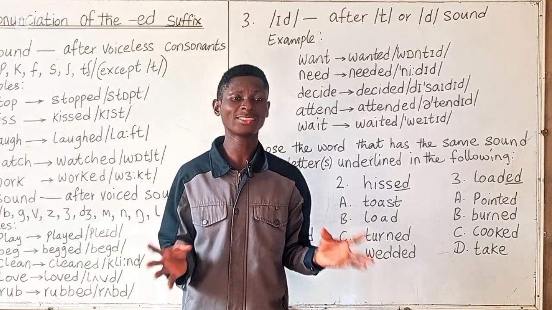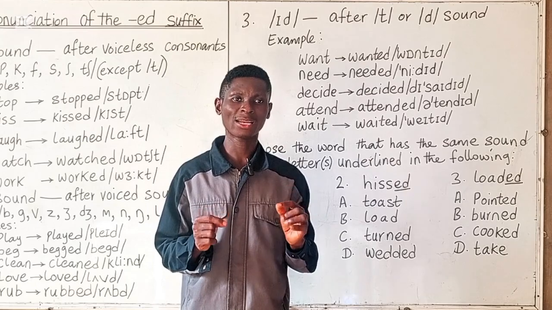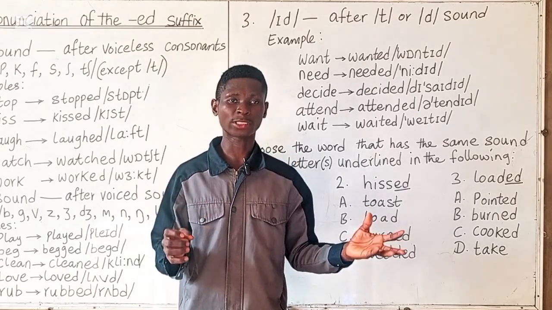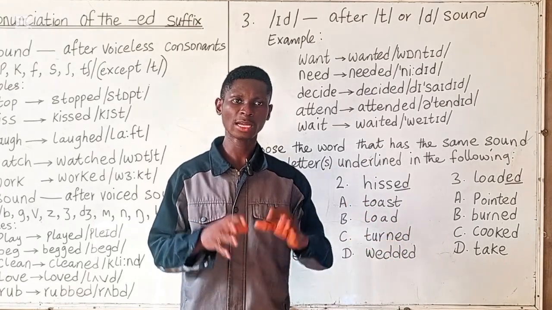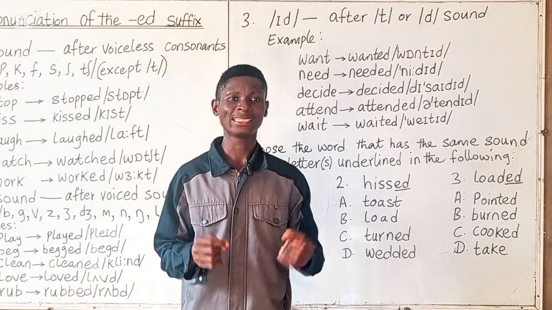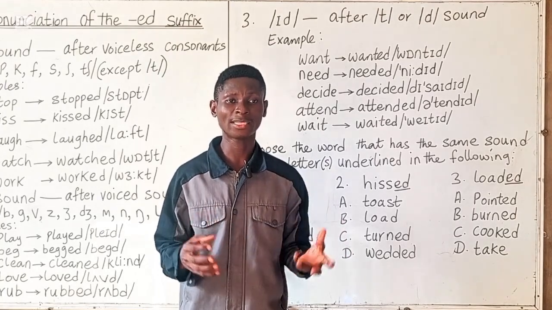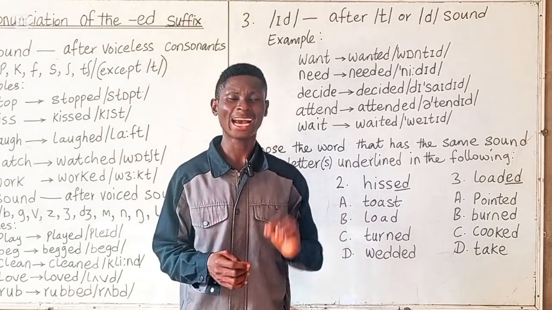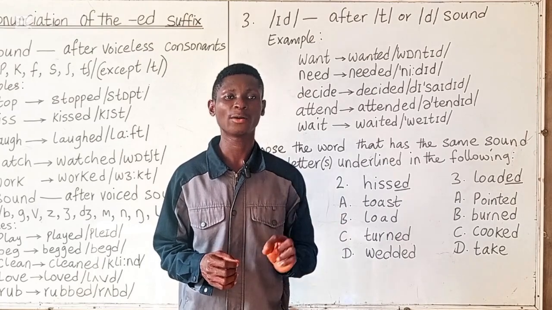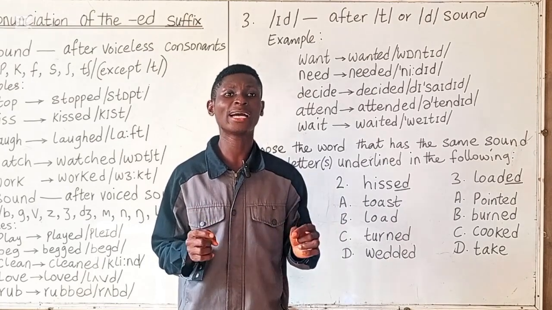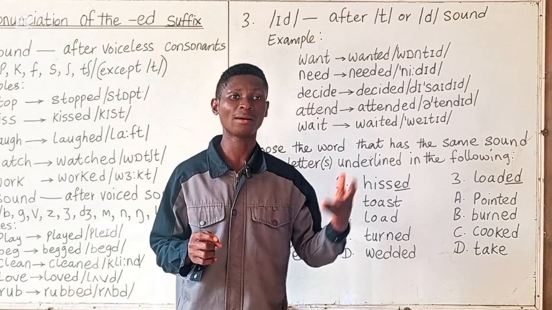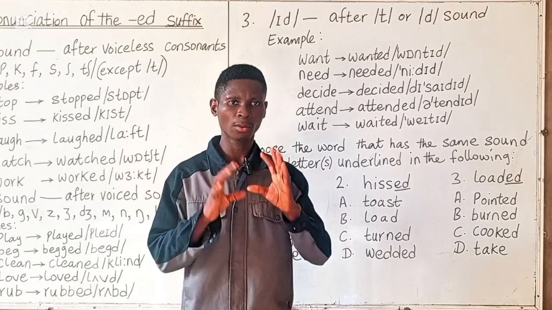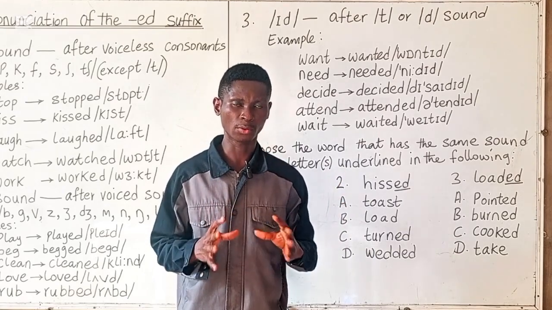I have emphasized here that we realize it as T when it comes after a voiceless consonant sound. And then we realize it as D when it comes after a voiced sound, be it consonant or vowel. And then we realize it as id when it comes after any of the alveolar plosive sounds, which are T or D. So please pay attention to that.